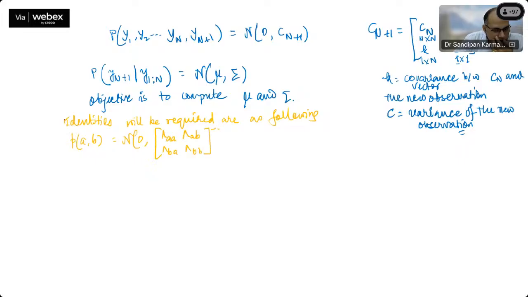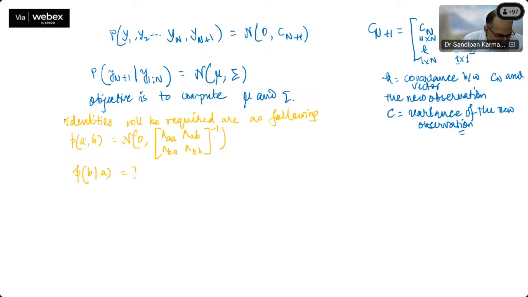I think I wrote this in the very first class, so please look into that. From that we have to find P of B given A.